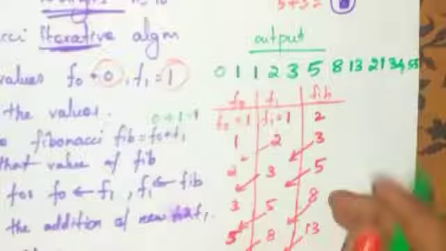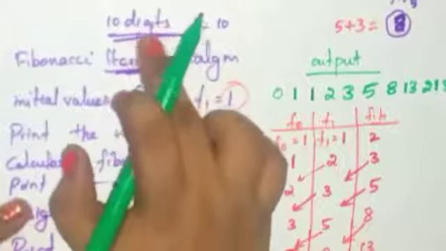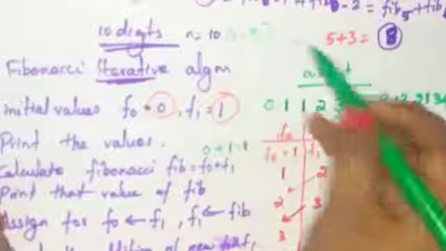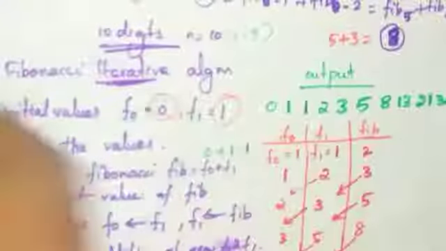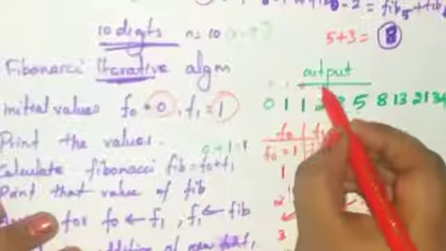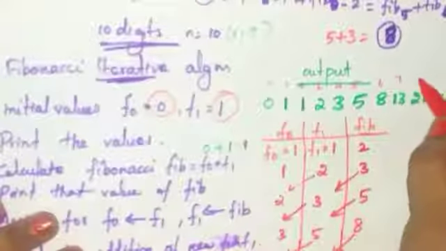55. See here, you have to generate the Fibonacci series for 10 digits, which means index positions 0 to 9: 0, 1, 2, 3, 4, 5, 6, 7, 8, 9.